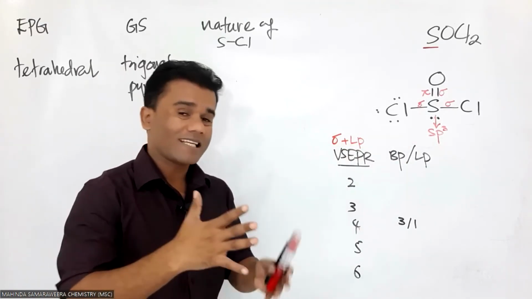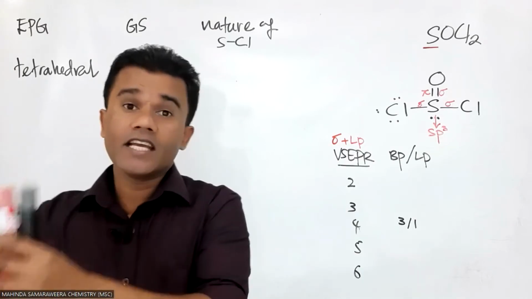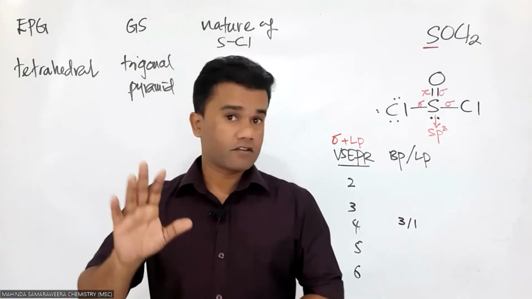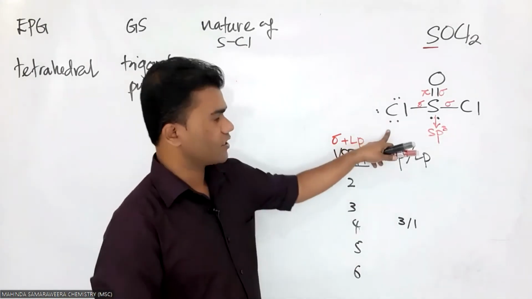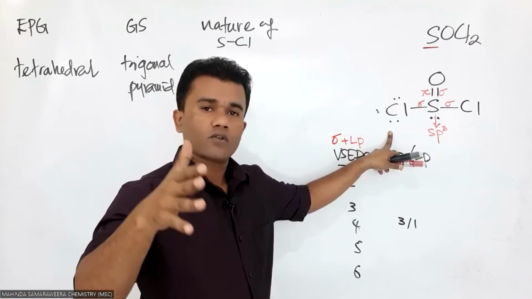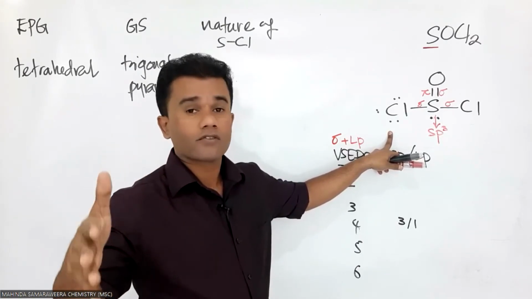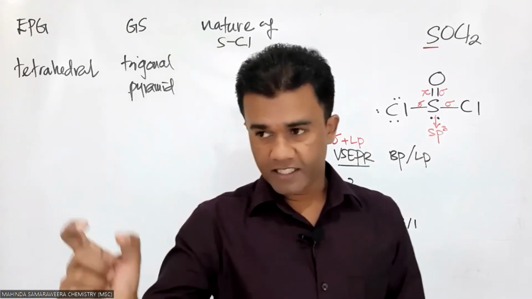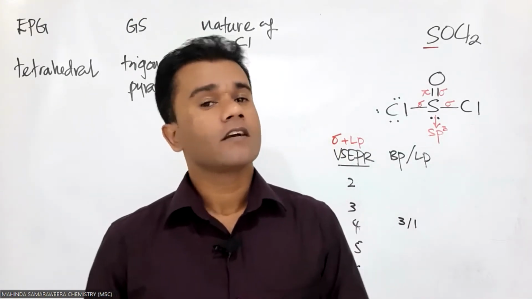Then we have to go to the valence shell of chlorine. When you write the configuration of chlorine, atomic number 17, it should be 1s2, 2s2, 2p6, 3s2, 3p5. So finally we have 3p5.